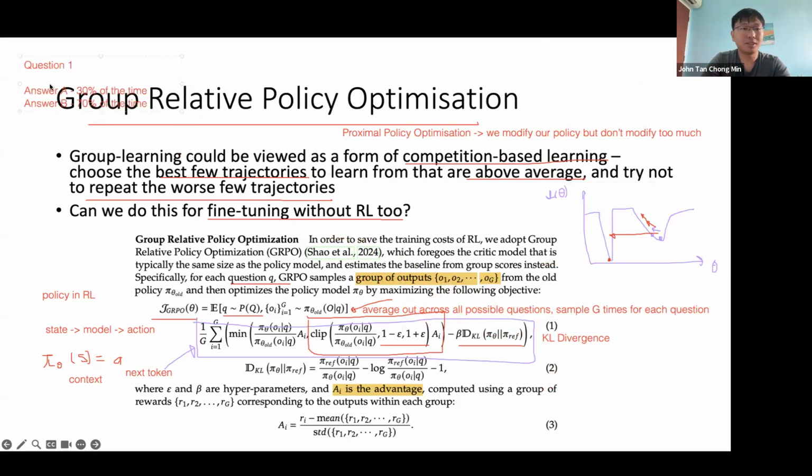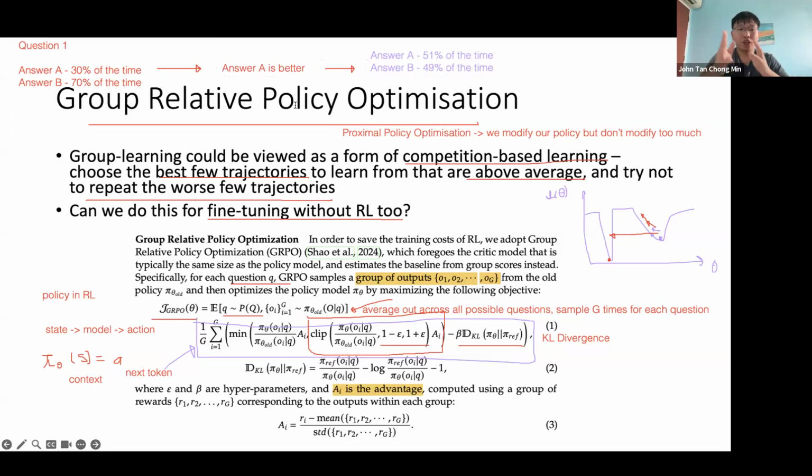Let's say based on what I see, answer A is better. So I basically tell my model, I want to output answer A more often. So I change my probabilities. Now I make maybe my answer A 51% of the time, answer B 49% of the time.